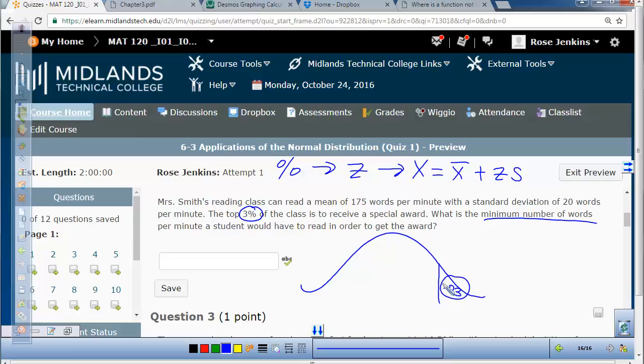But while we're talking about this, let's just think about an example where you might be looking at times to complete a race. Well, it's not the higher times that are the better, it's the lower ones. So if we wanted the top 3% of people who ran the race, we would put those 3% over here on the lower end, because lower times are better.